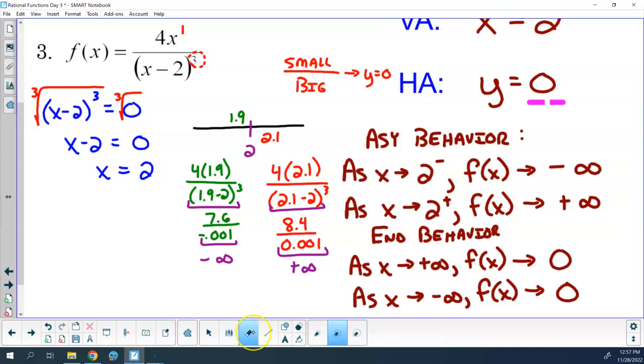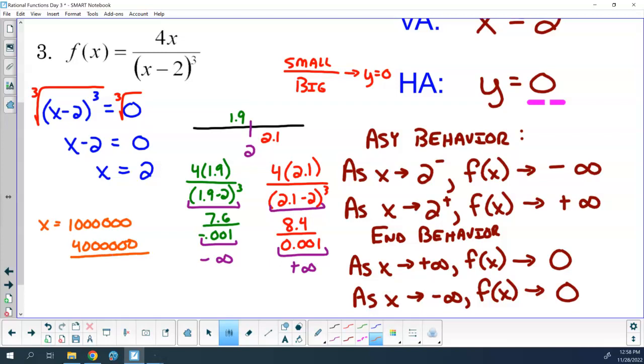So let me erase this here. Now if I think about this in terms of x being a ginormous number like 1 million, on top I've got 4 million.